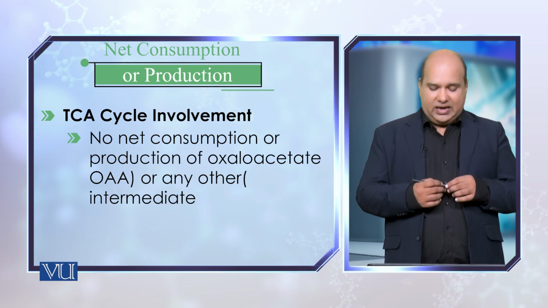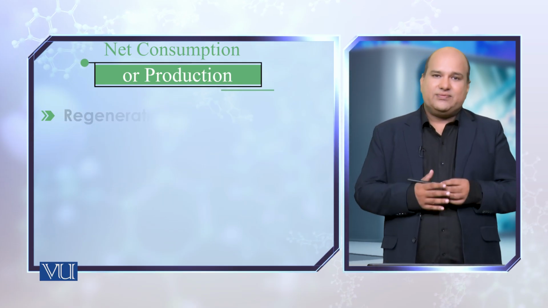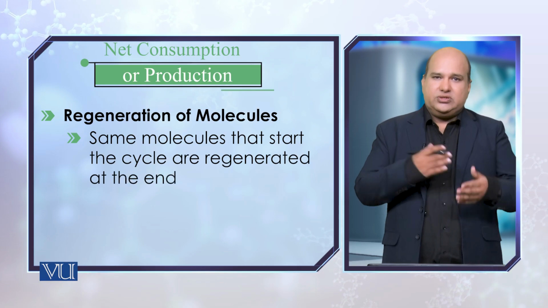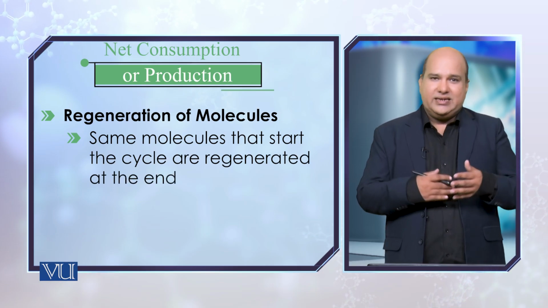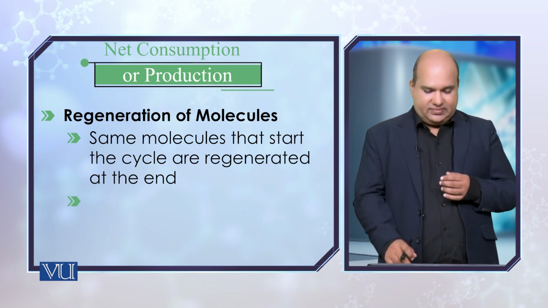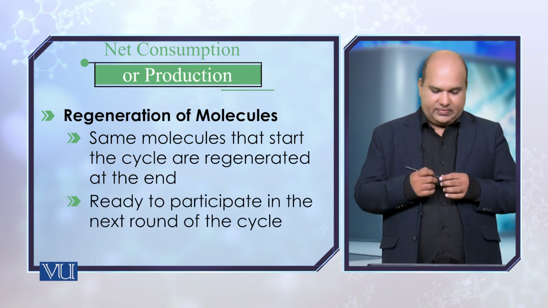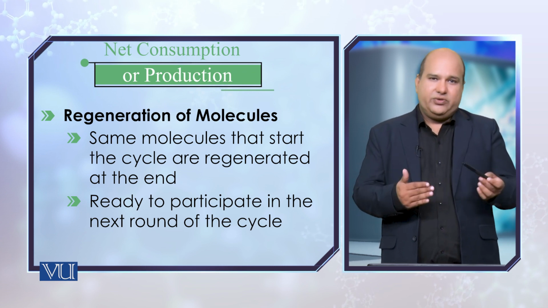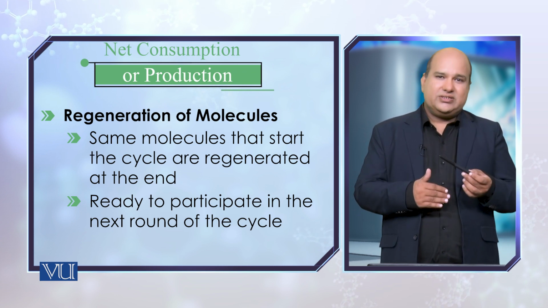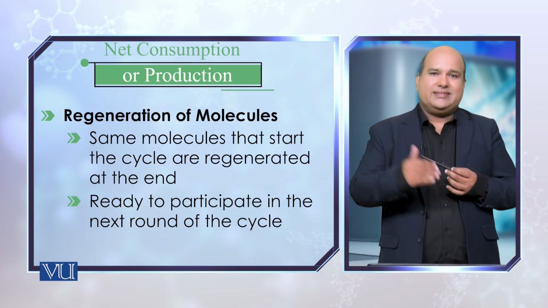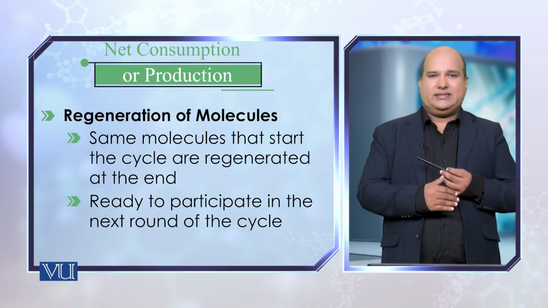So is the case with other intermediates, and that is why we say it is a cycle. The things are used, regenerated, used, regenerated, and the cycle goes on continuously. As a result of this continuous use and regeneration, the cycle is always ready for the next step, and the next.